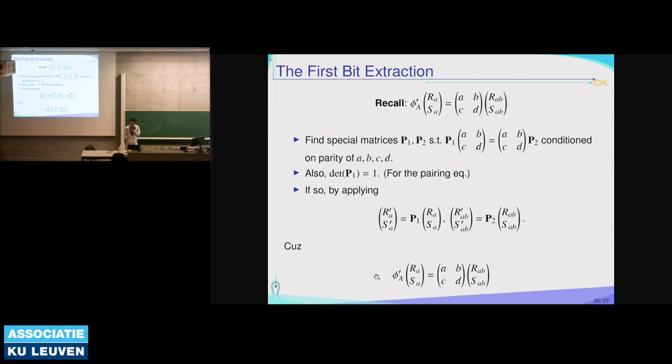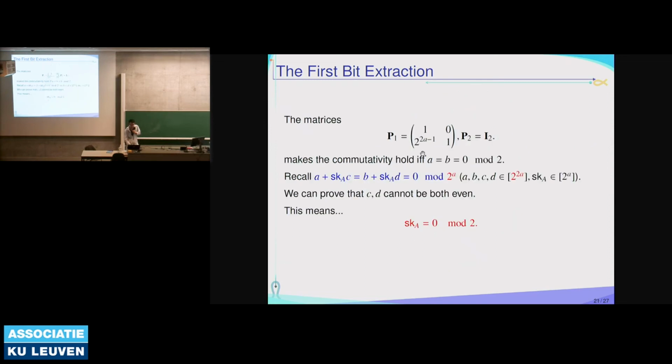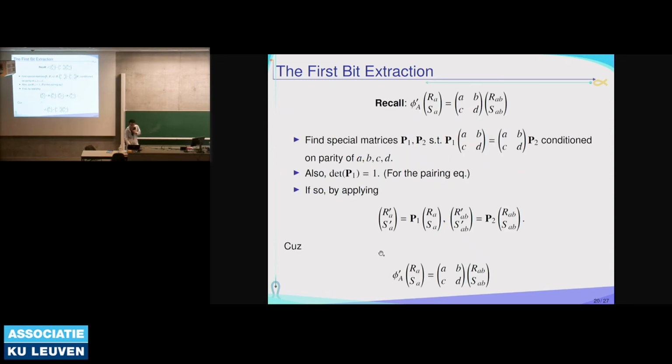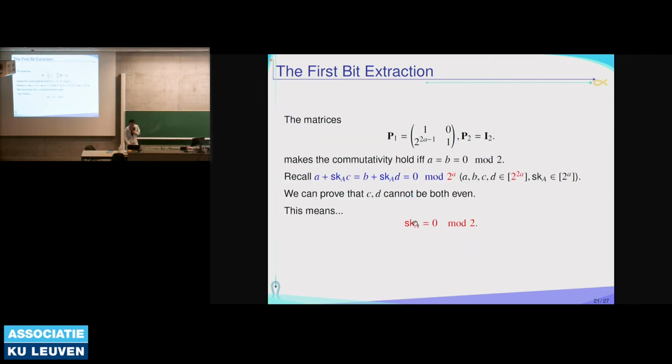So this can give us information of Alice's secret key, because if the commutativity holds, which means Alice will return 1, then we can know the information of ABCD. So actually, the matrix we find is of the following form: 1, 0, 2^A minus 1, 1, and P2 is the identity matrix. And this commutativity will hold if and only if AB equals 0 modulo 2.